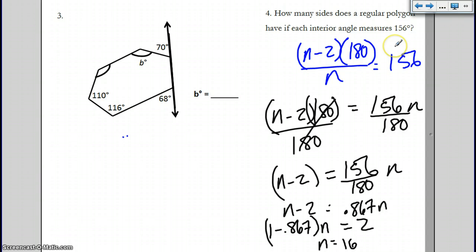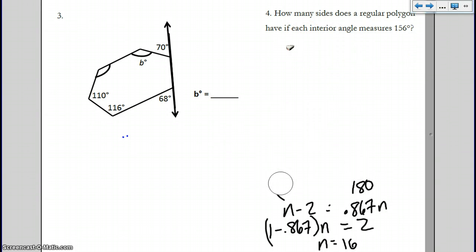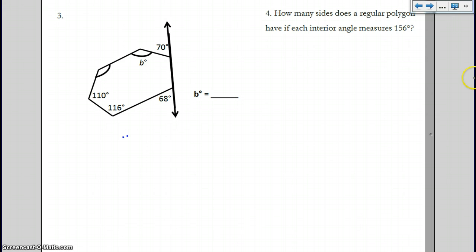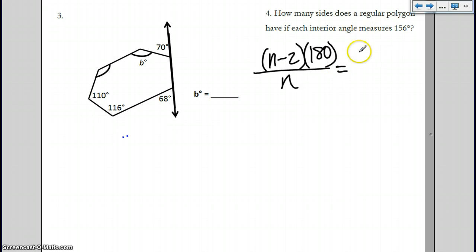So what I want to do is go through this again, and if I know how many sides a regular polygon has, each interior angle measures 156. So I know that I have an equation that looks like this. The number of triangles inside my polygon times 180 divided by the number of sides gives me each interior angle, which I know is 156.